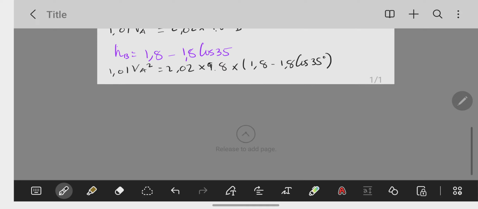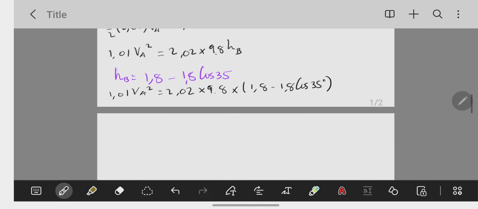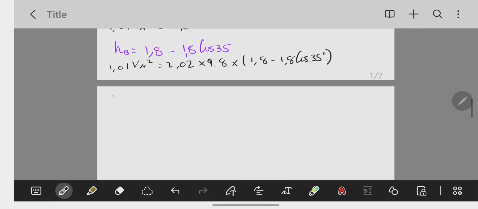So we can now solve for the VA, which will come down to 2,526. So I'll round it off to 3 decimal places for now. Meters per second.